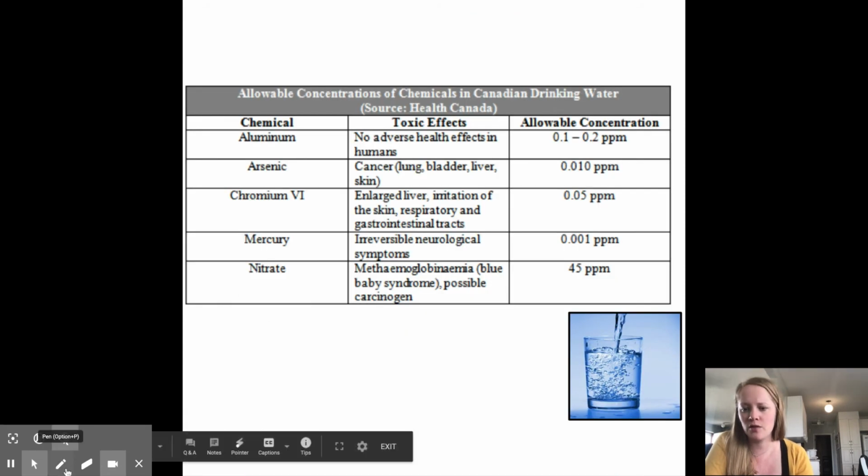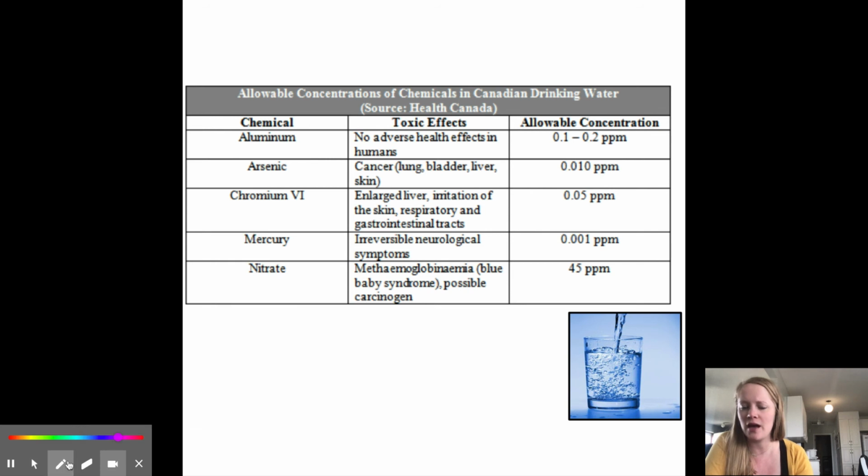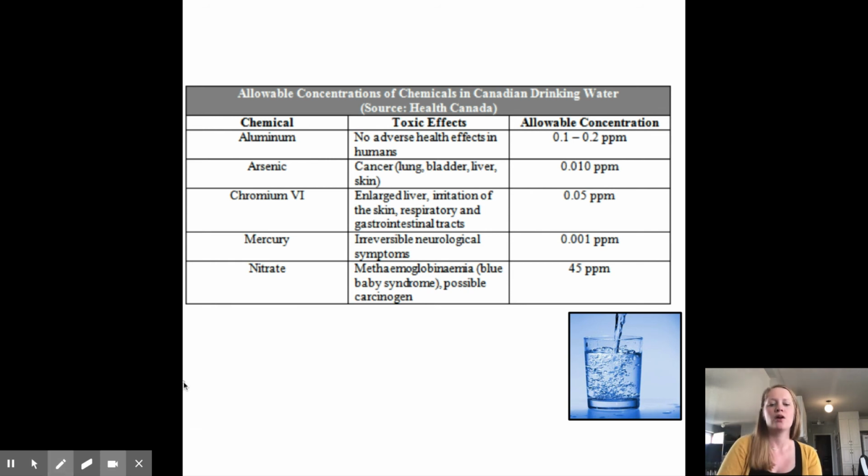So, what does this actually all mean, and how does it impact us? Concentration and that parts per million unit is used to measure things, for example, that are in our water. In Canada, water treatment plants will do measurements for toxic chemicals, or just the presence of chemicals, to make sure they are all at the appropriate level, safe for human consumption.